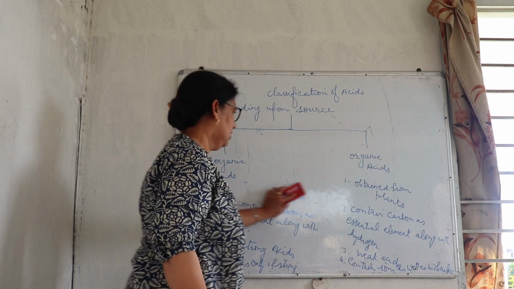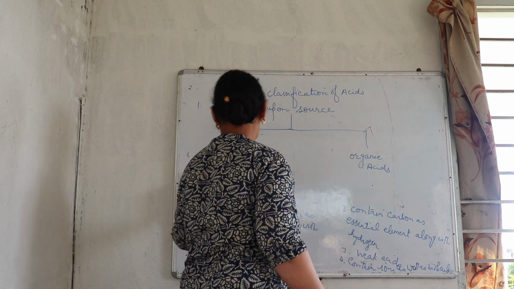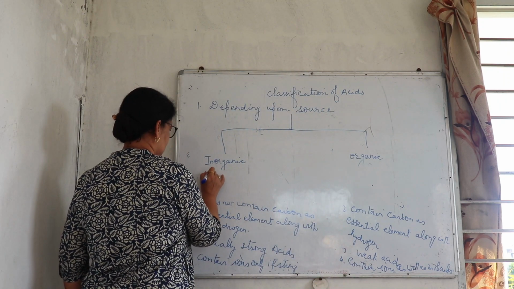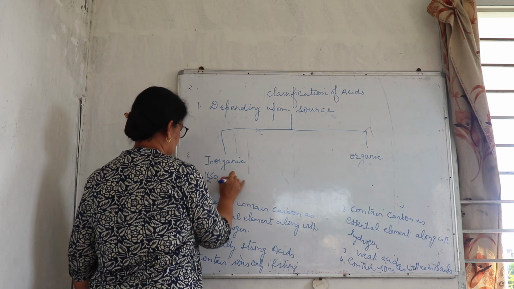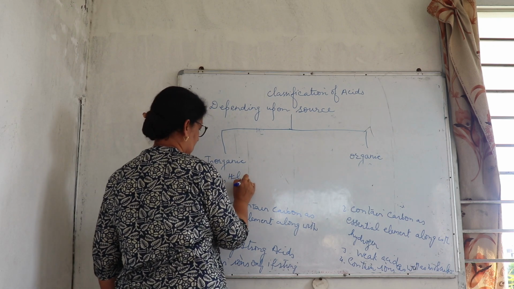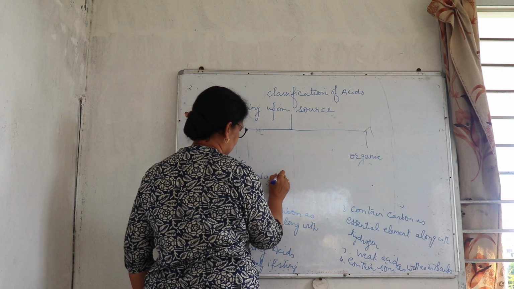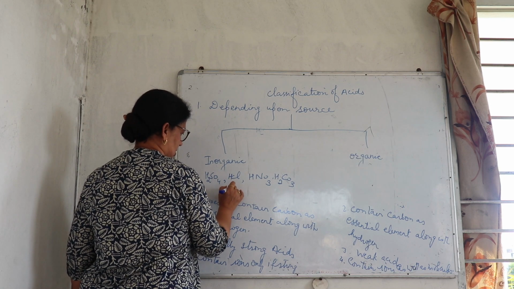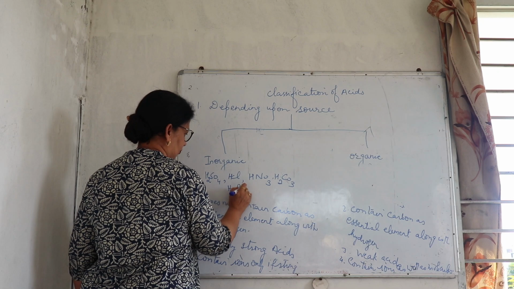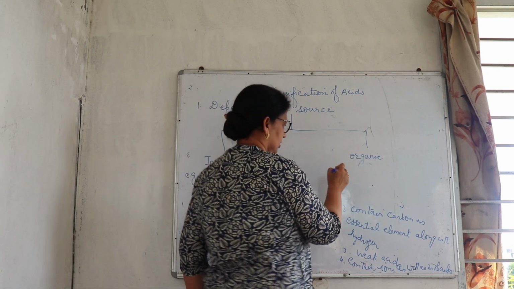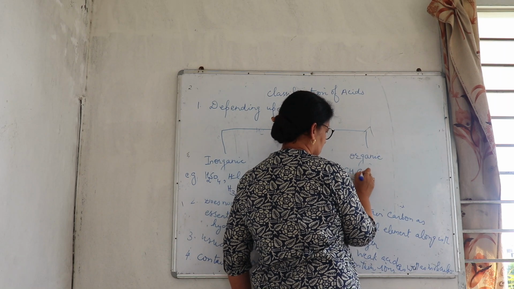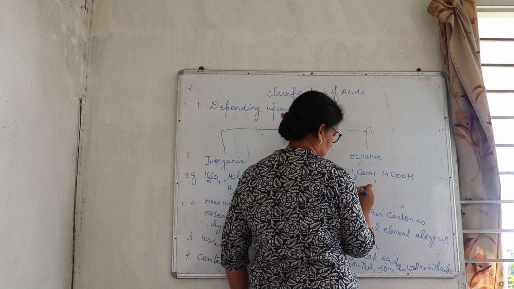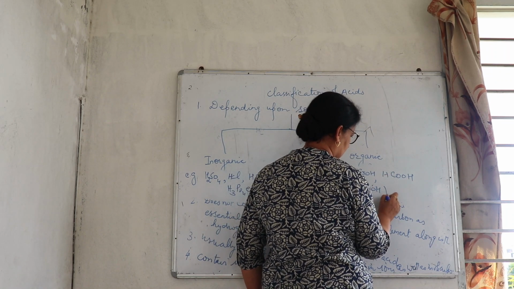Now the next is examples. Inorganic acids can be H2SO4, HCl, HNO3, H2CO3 and H3PO4, etc. Organic acids are acetic acid, formic acid, and oxalic acid.